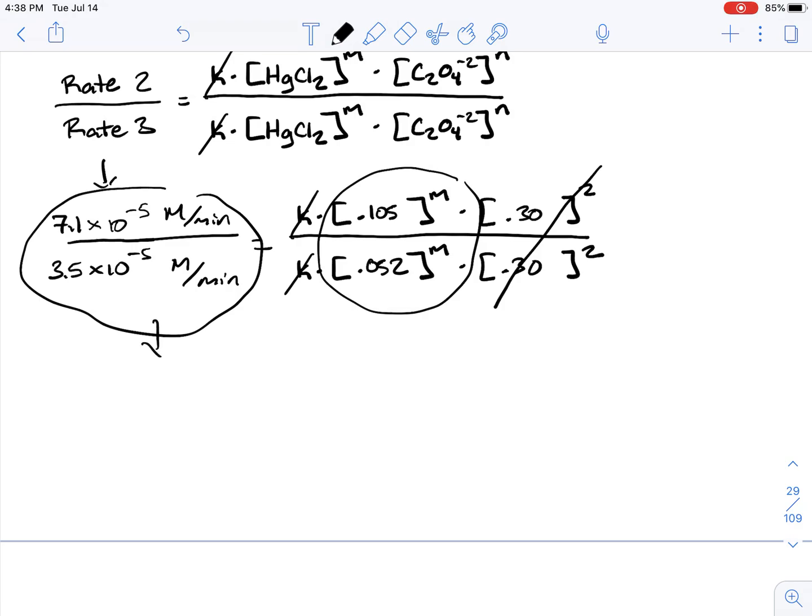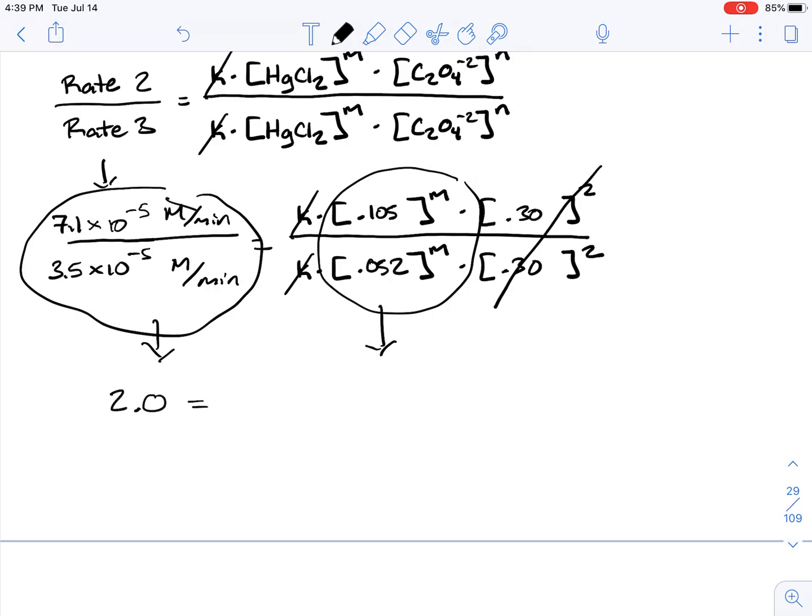And so we can go ahead and start reducing them so that our calculations just look easier on the eye. So we have 7.1 times 10 to the negative 5 divided by 3.5 times 10 to the negative 5. And what I get is approximately 2.0.